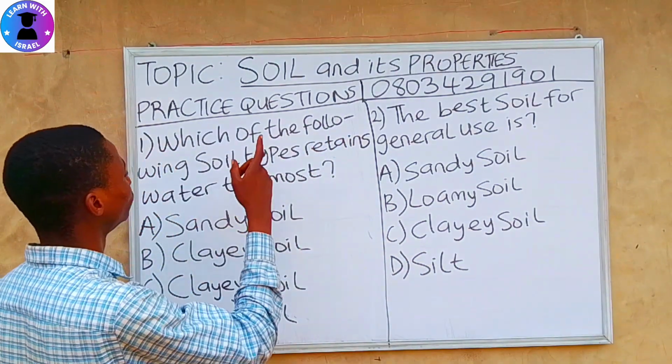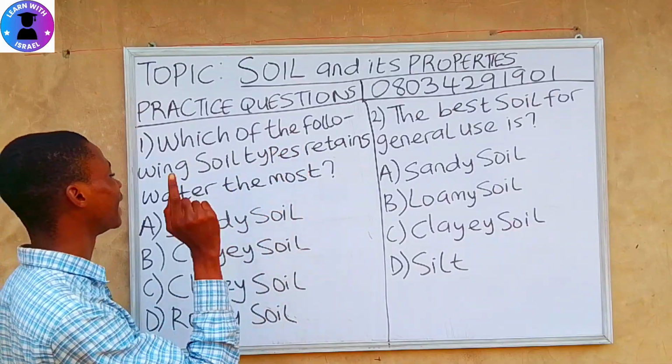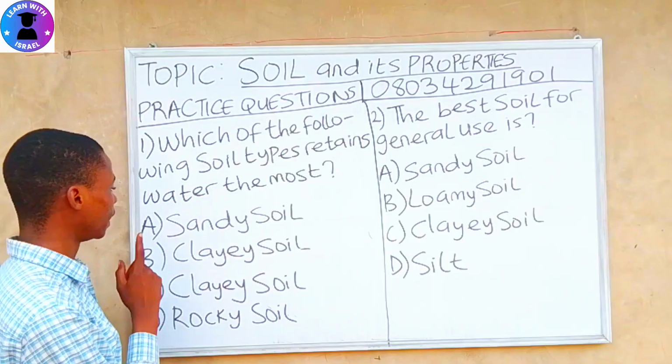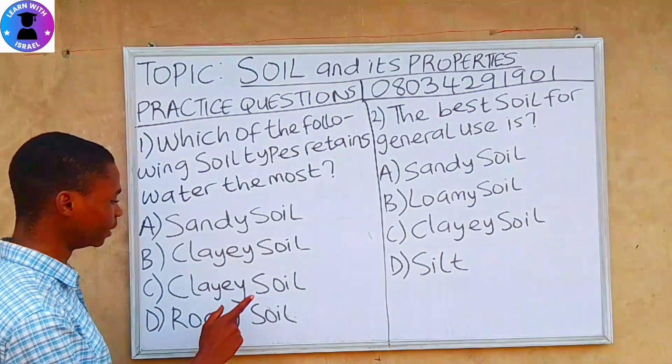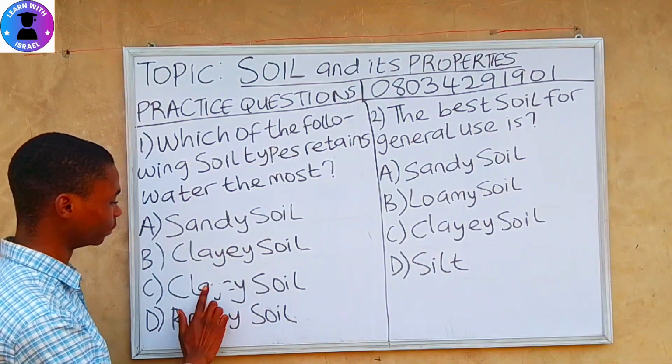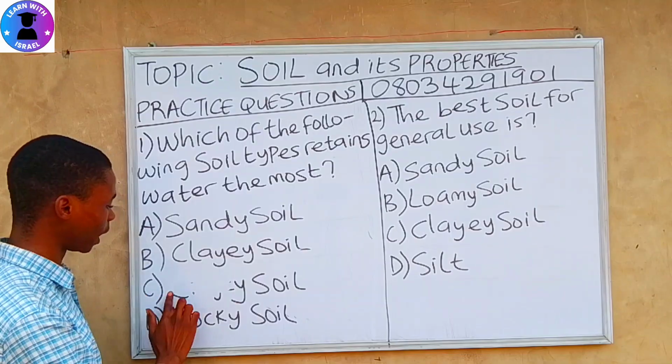Question 1. Which of the following soil types retains water the most? A. Sandy soil, B. Clayey soil, C. Loamy soil, D. Rocky soil.